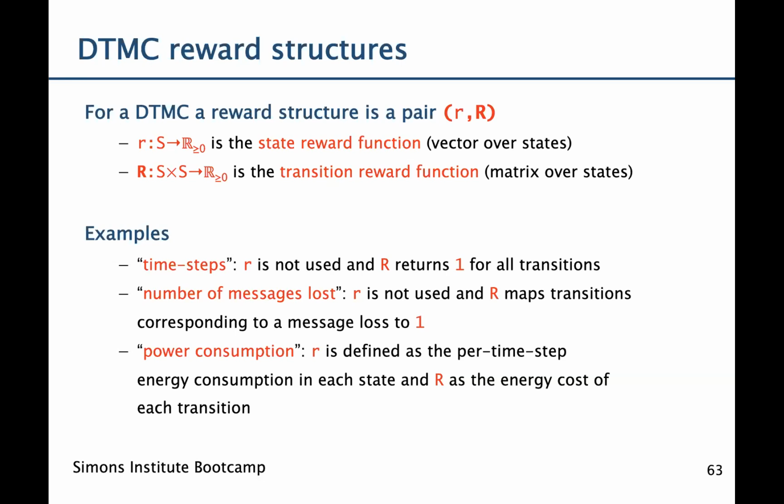For power consumption that I've already mentioned, the state reward function will be used to define the per time step energy consumption in each state, and the transition reward function would be used as the energy cost of each transition.